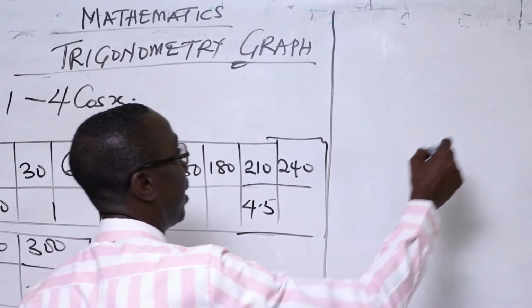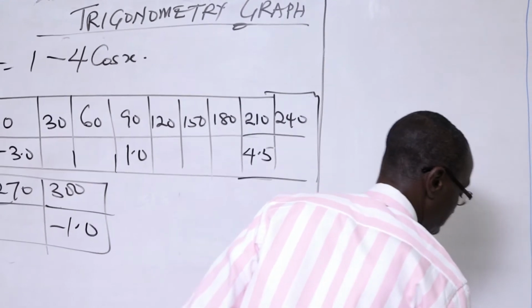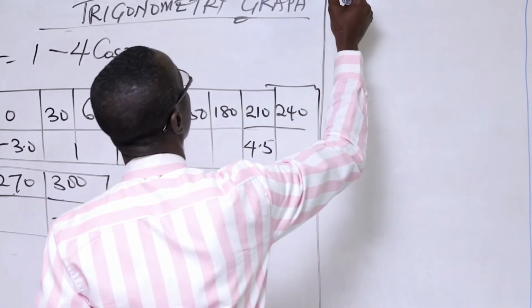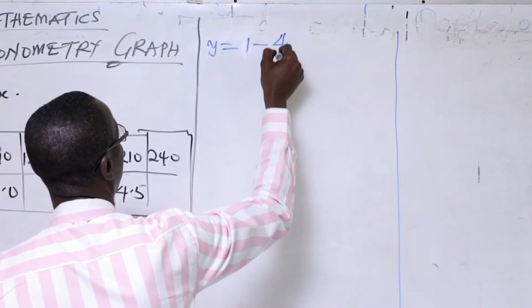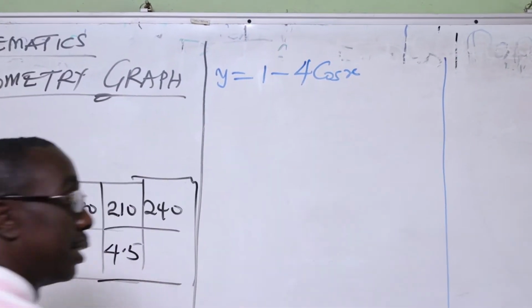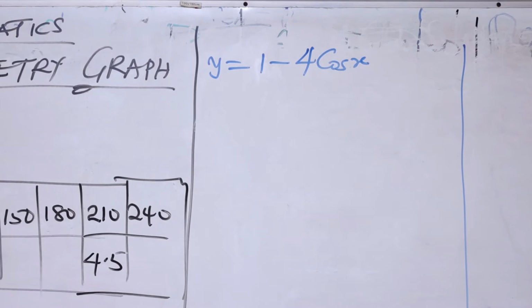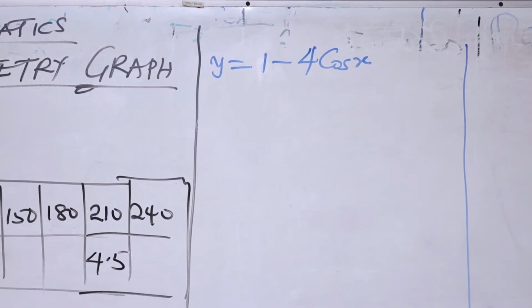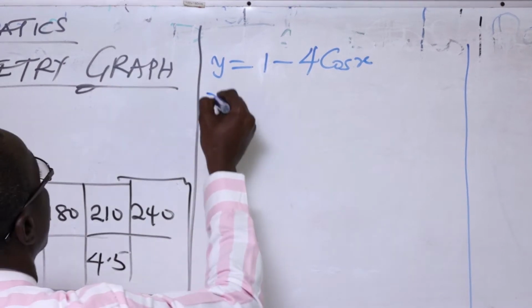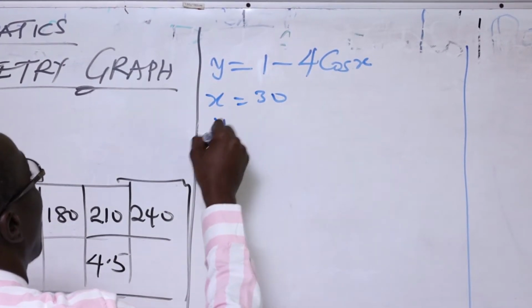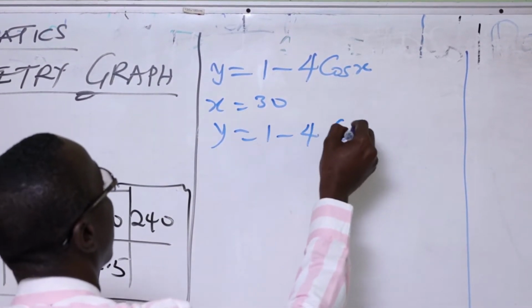We are expected to complete that table. Y is equal to 1 minus 4 cos x is the equation. When x is 30, you substitute. Y should be 1 minus 4 cos 30.